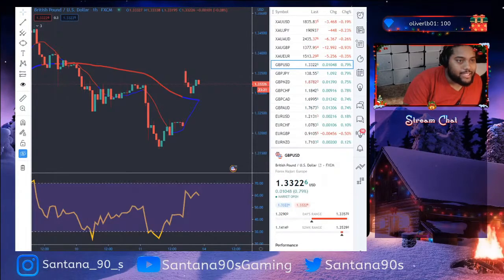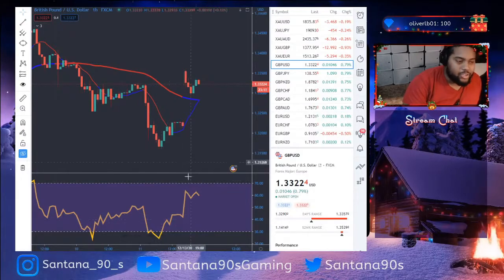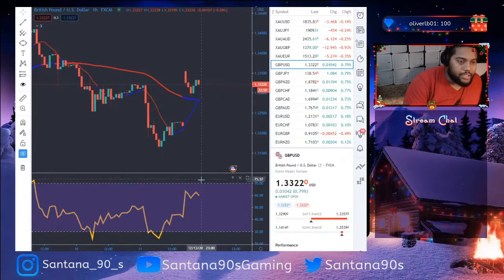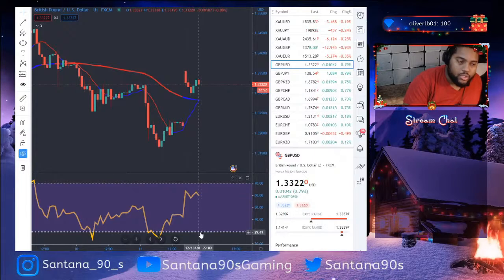Let's say, because you see this is the RSI. RSI is the relative strength index. That's what it's called. But remember, I told you when it's at the 70. Actually, let me pause the music. Remember when I told you that when it's at 70 up here, it means it's overbought, and when it's close to the 30, it means it's oversold.